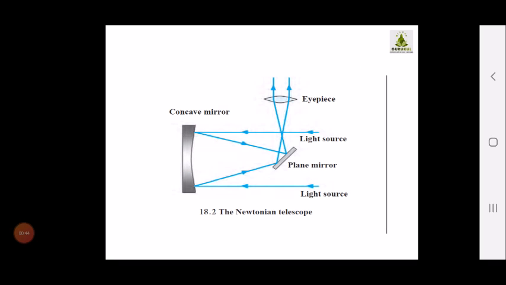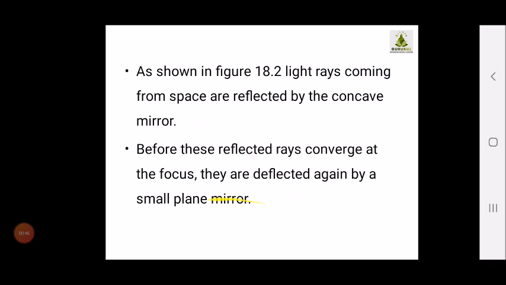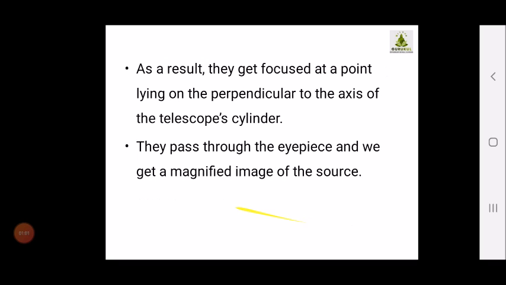This is the picture of the Newtonian type of telescope. As shown in figure 18.2 in your textbook, the light rays coming from space are reflected by the concave mirror. These reflected rays converge at the focus and get deflected again by a small plane mirror.